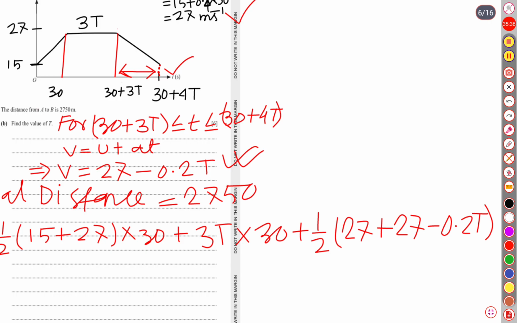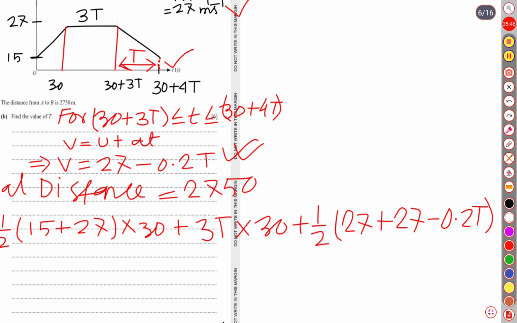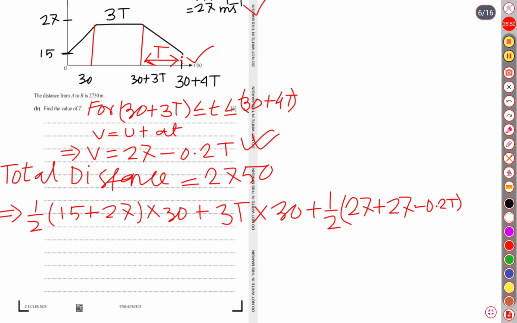From here to here it is t. So let us multiply by t. Distance between this initial and final point is t, and our right side is equal to 2750.